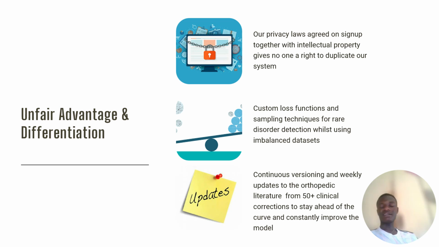And so, if they go ahead, they may achieve the functionality as we have, because during our model training due to imbalance, we also achieved our custom loss functions because of the sampling techniques for rare disorder detection while using imbalanced datasets. Continuous versioning and weekly updates to the orthopedic literature from 15 plus clinical corrections to stay ahead of the curve and constantly improve the model gives us a step ahead from others implemented.